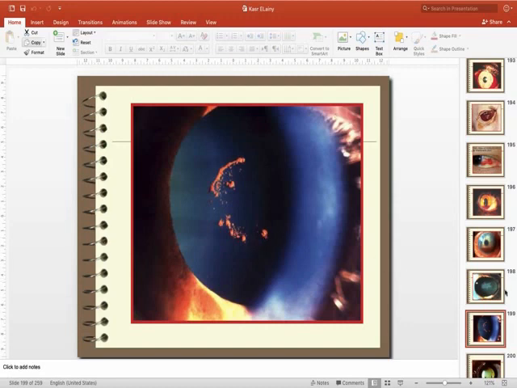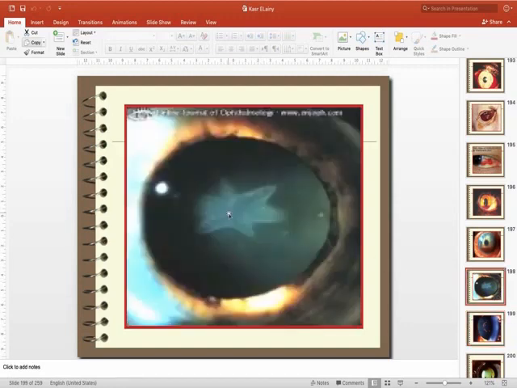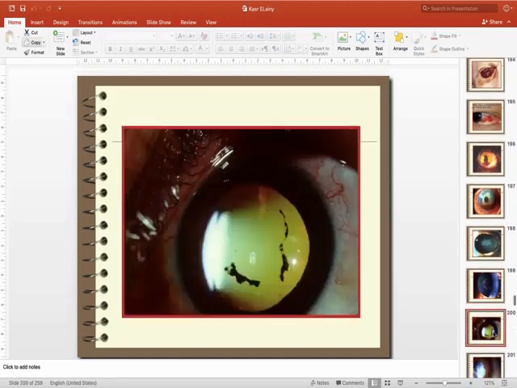If you saw a Vossius ring, or if you saw a rosette-shaped cataract, as we mentioned when we were talking about cataract extraction, you are preparing this patient for a cataract surgery. So if you saw a rosette-shaped cataract, or a Vossius ring, you have to take care that this patient might have trauma before, even if the patient didn't tell you.